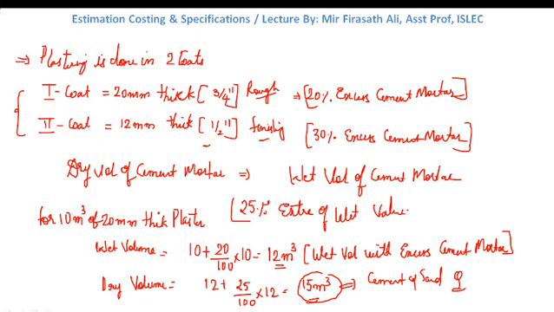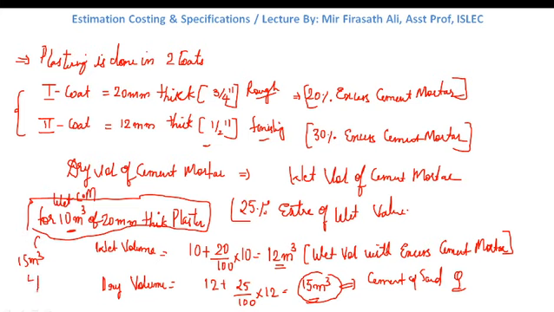This is the relationship between wet volume and dry volume. For 10 meter cube of 20 mm thick plastering, we required 15 meter cube of dry cement mortar.